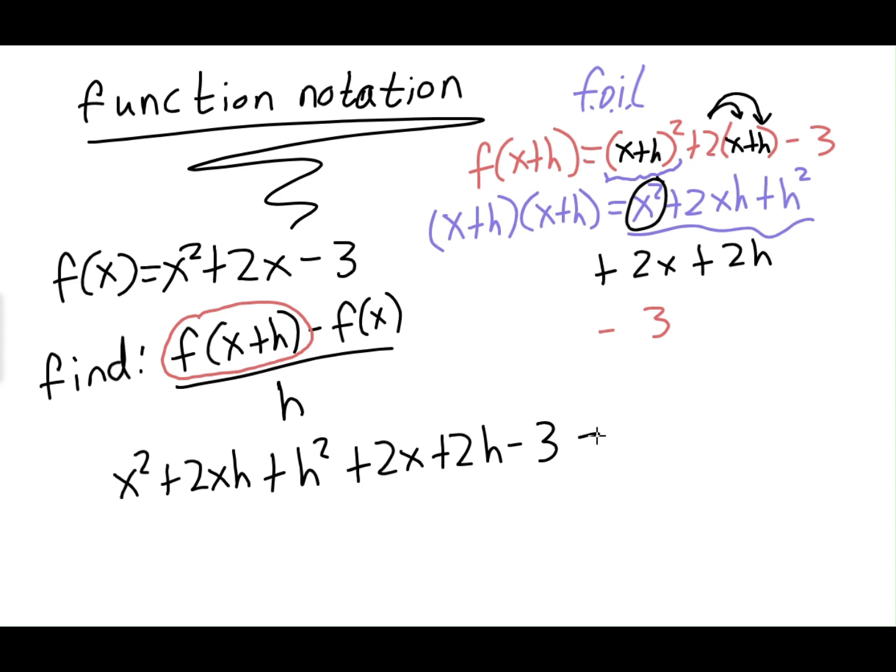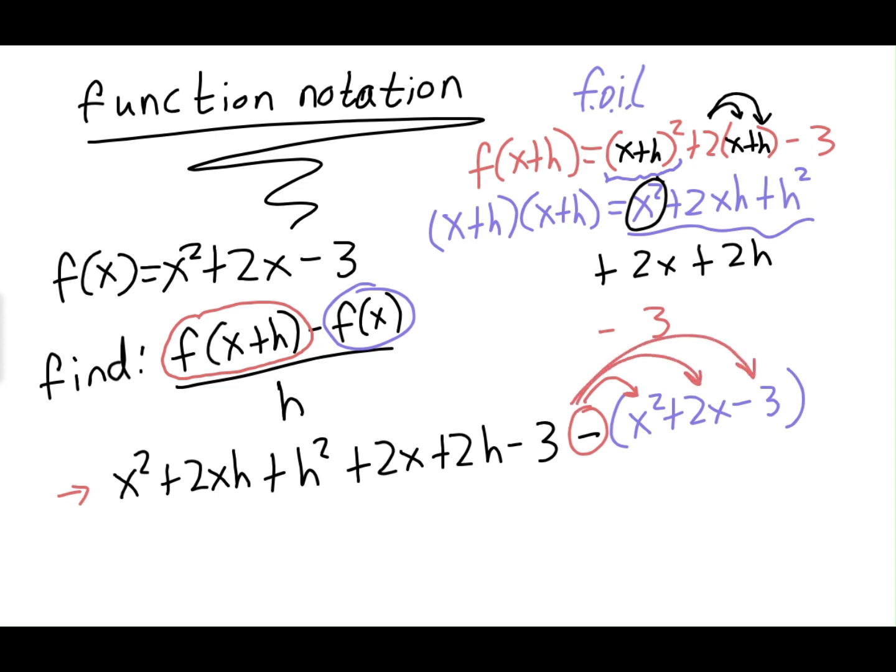Then we subtract f of x now, right? This whole thing right here is just f of x plus h. So we'll subtract f of x. That's going to be x squared plus 2x minus 3. Be very, very careful about this minus sign. People mess that up because we have to distribute that minus to each part. So you want to be careful that you put those parentheses there.